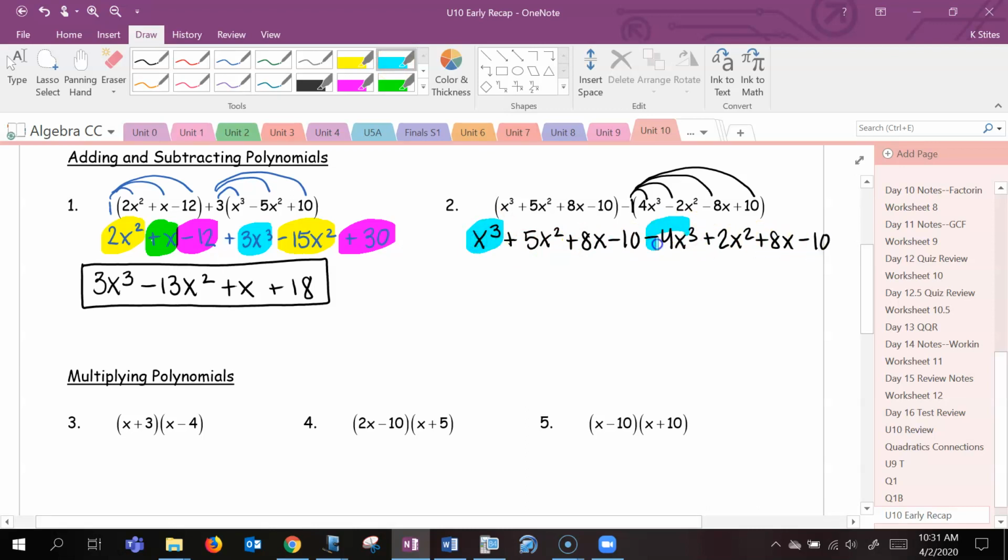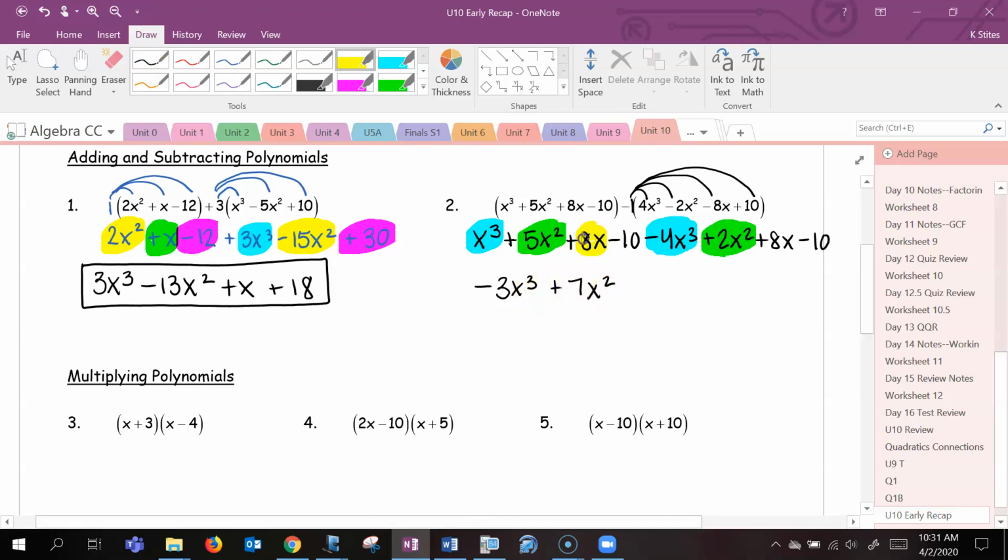It's a 1x cubed minus 4x cubed is negative 3x cubed. And then my squareds, 5x squared plus 2x squared is 7x squared. Notice how my exponents aren't changing.